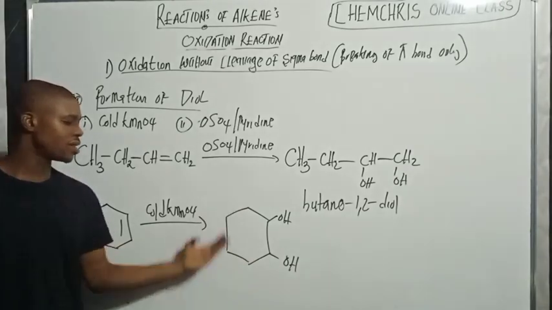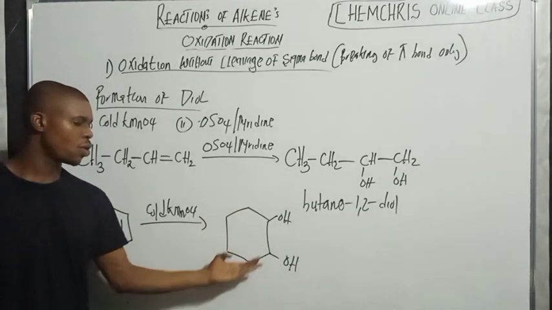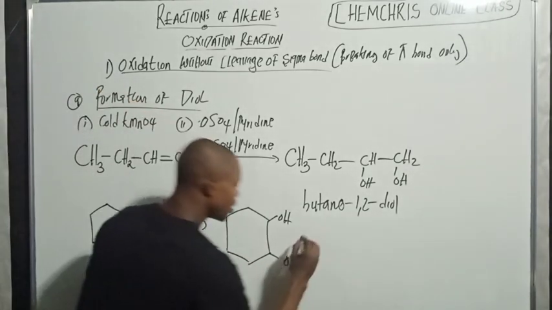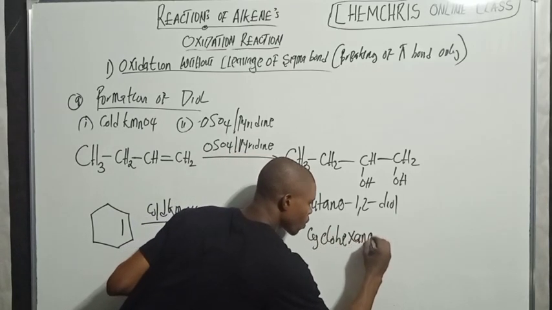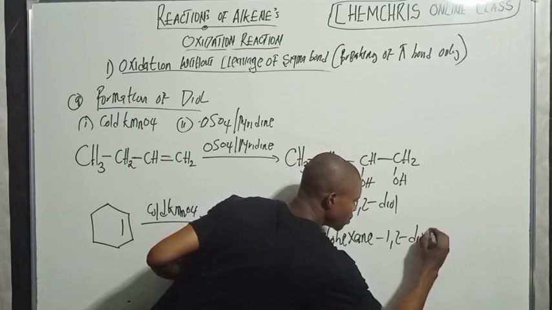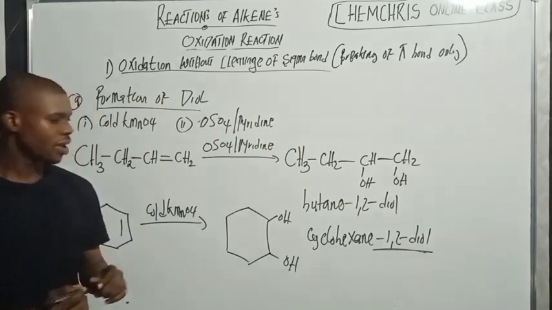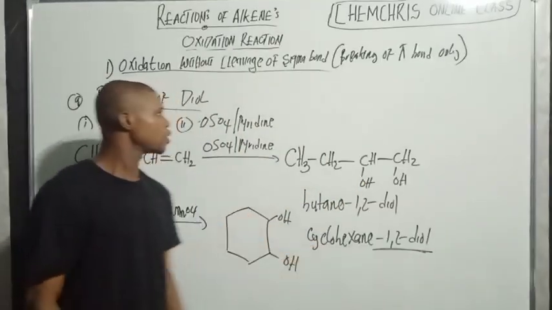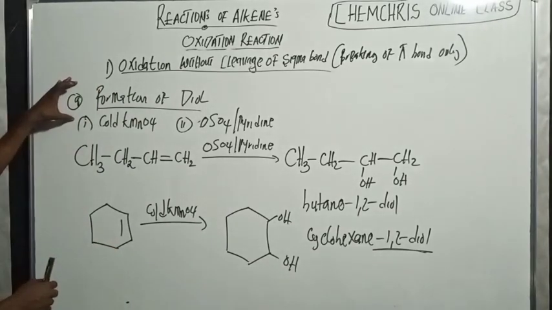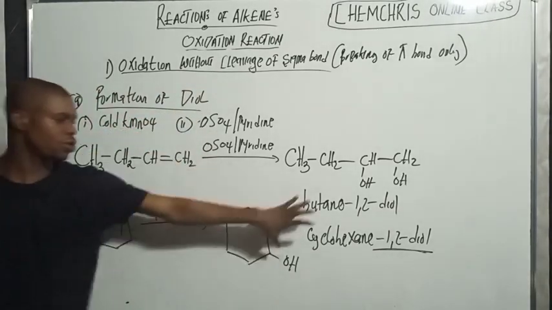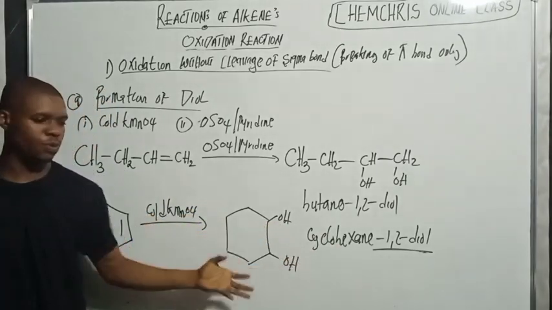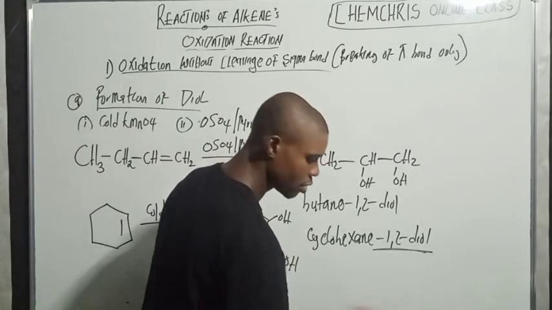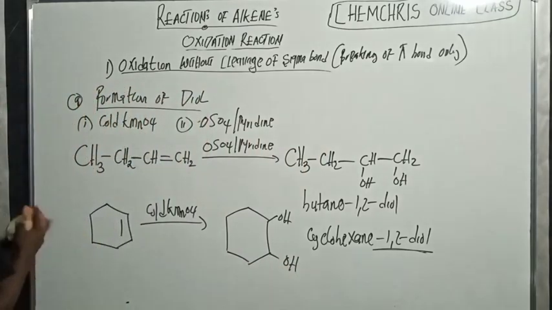It's going to be cyclohexane 1,2-diol as the product. Do you understand? So that is the first one, formation of diol. So this is just how they are formed and the various products. So let's look at number two.